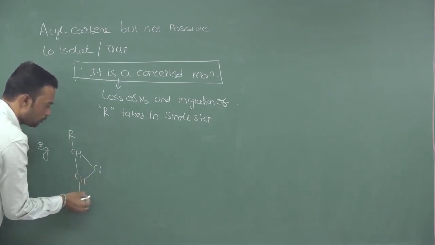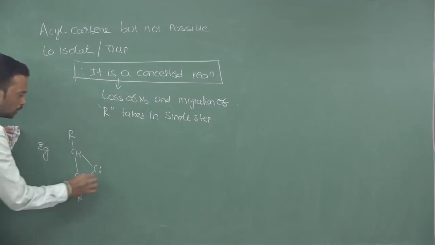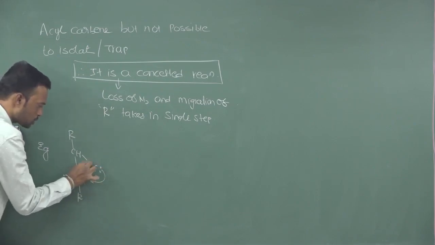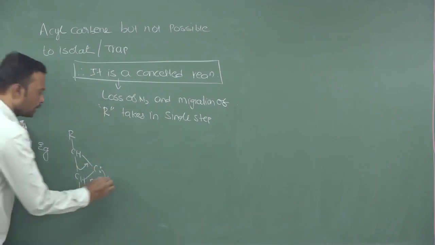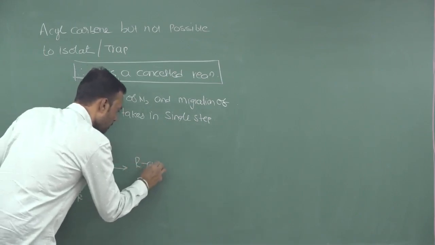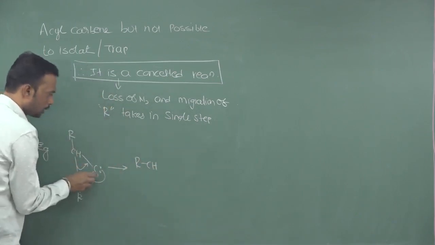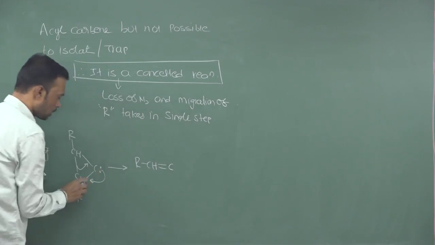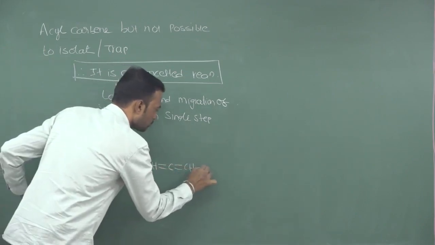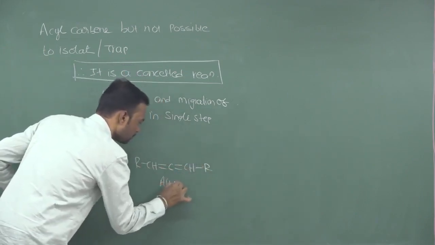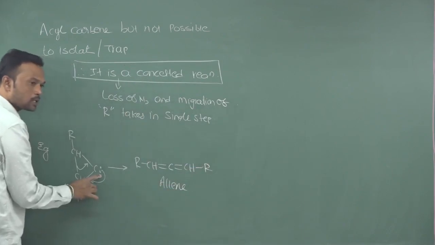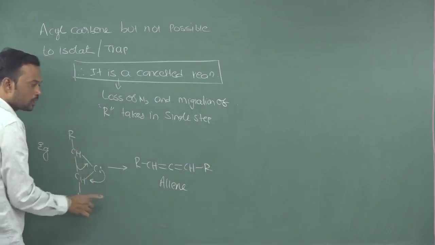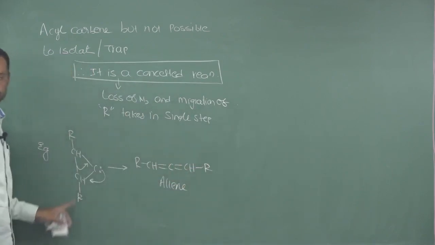There is a possibility of breaking this bond. This bond is going to migrate here and this bond is going to break. So this CH is connected to this carbon, and this carbon is connected to CH, then followed by R. So what is the answer? Allene. If this type of carbene is present on cyclopropane, it gives allene.